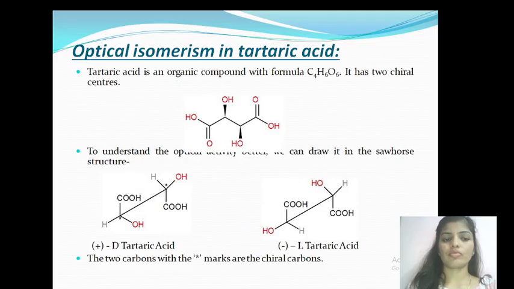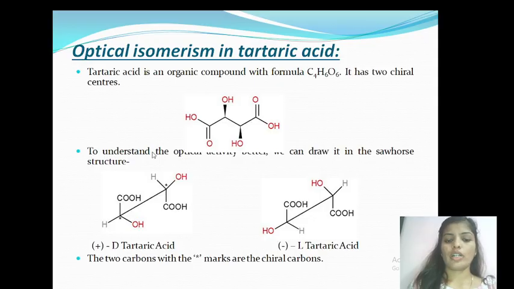Next, optical isomerism in tartaric acid. Tartaric acid is an organic compound with the molecular formula C4H6O6, and the structure of this compound is given here, and it has two chiral centers. One is this one, the other one is this one.